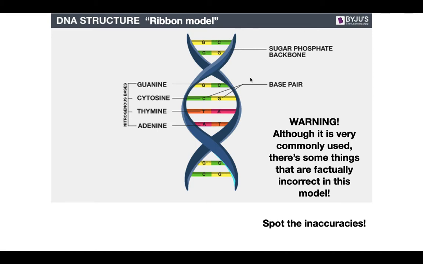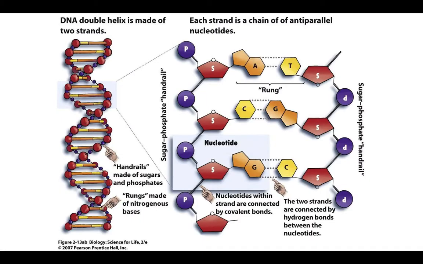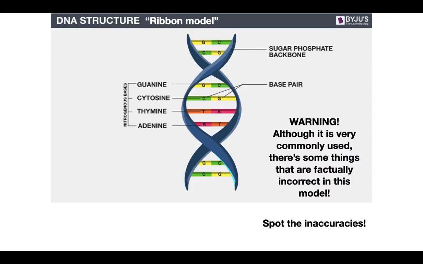But what's bad about this drawing is that it seems like it's symmetric, but that's not really the case. When we look at this drawing, we can see the minor groove on one side and the major groove on the other side, and then there's a major and a minor and a minor and a major, and depending on what angle you're looking at it from, these minor and major grooves are going to spiral up and down this double helix. In this particular diagram, that's not the case. They tried to make this one look symmetric.